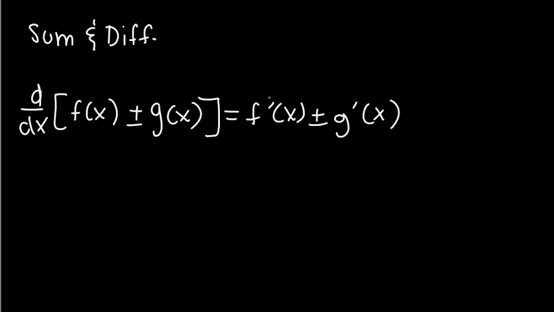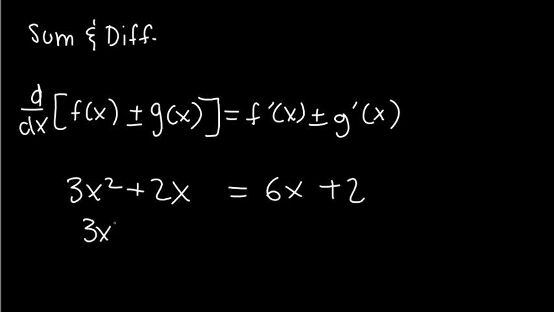So you can compute the derivative of, say, 3x squared plus 2x. It would just be equal to 6x because of the power rule, plus 2. If it were 3x squared minus 2x, it would be 6x minus 2.